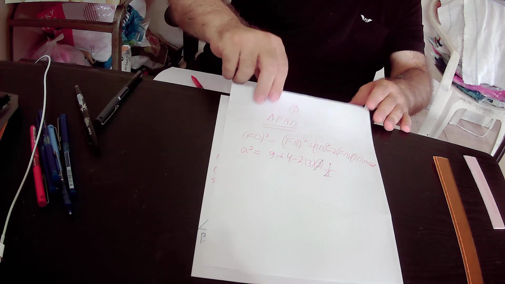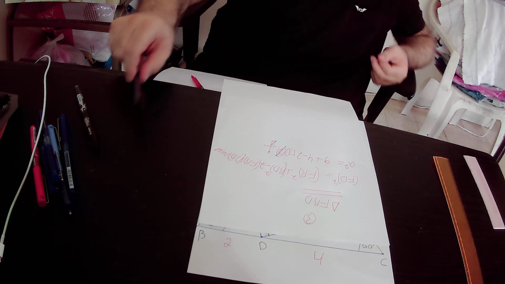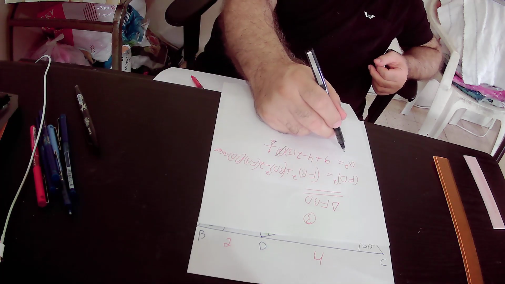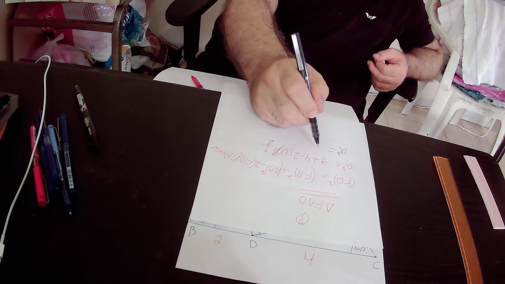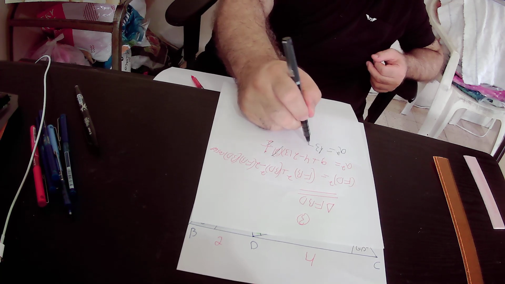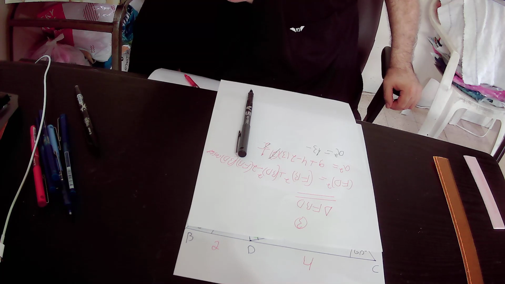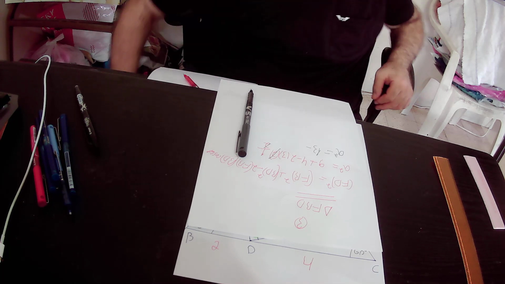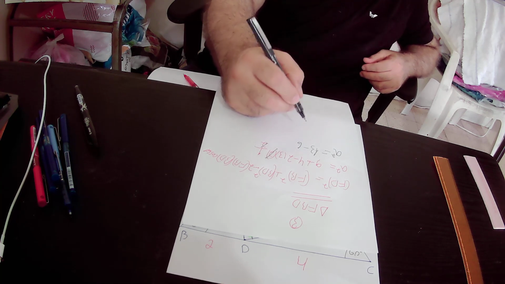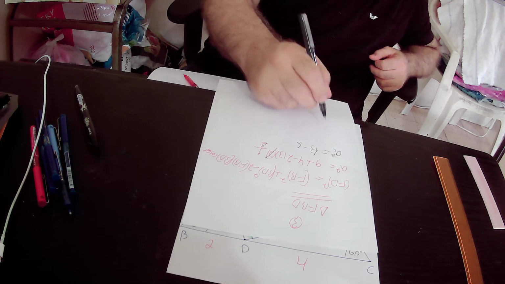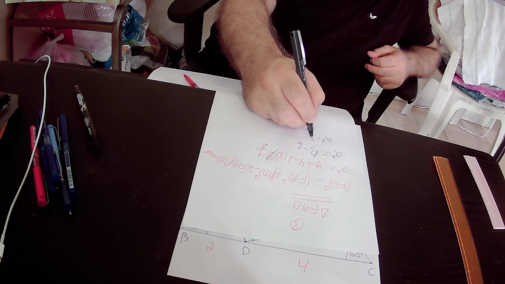What is left is A squared equals 9 plus 4, which is 13, minus 2 times 3, which is 6. So A squared equals 13 minus 6, and 13 minus 6 is 7, so we got that A squared equals 7.